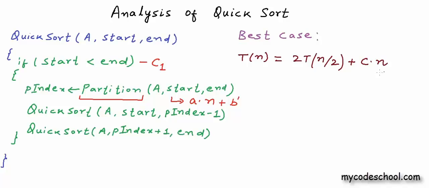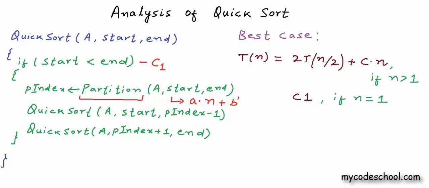So time taken in the best case is equal to 2T(n/2) plus c into n if n is greater than 1. For n equal 1, we will not go inside this if condition. Only cost will be execution of this if statement. So I'm saying that for n equal 1, my cost is c1. So T(1) is c1.